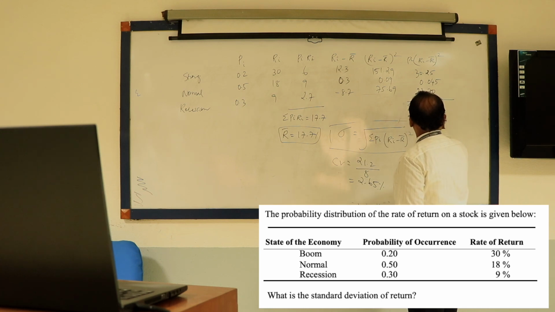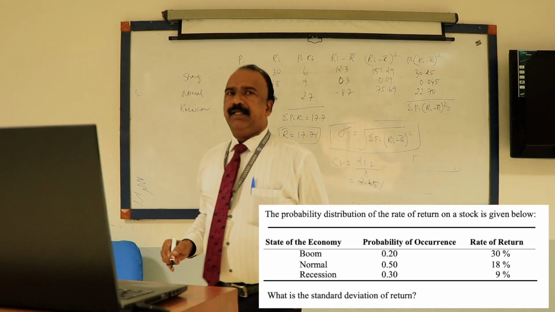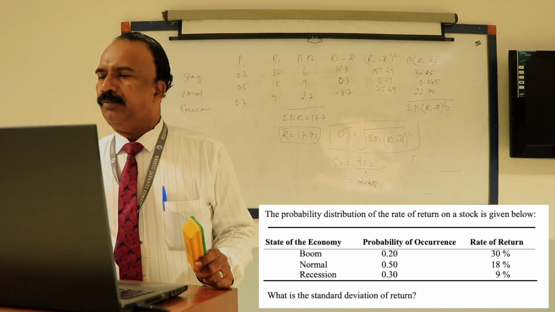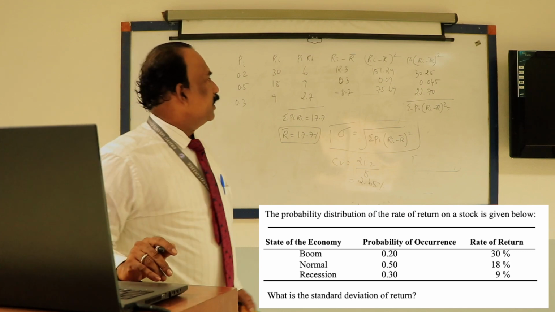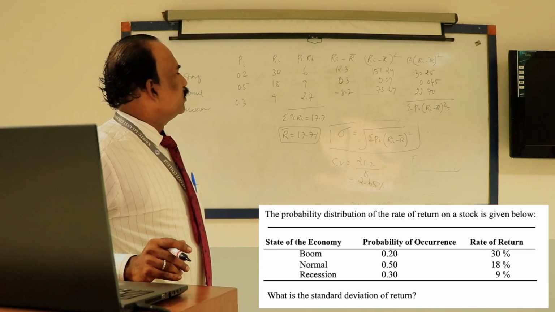That is sigma pi into Ri minus R bar whole square. Add the total.